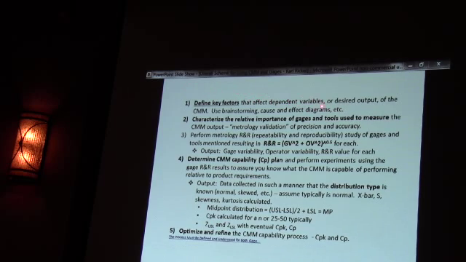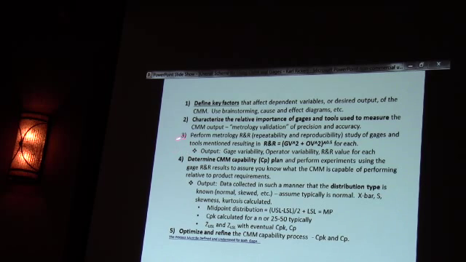You have to understand the key factors there. And then you can use brainstorming, cause-effect analysis, various methods to come up with the independent variables. Then you characterize the relative importance of those to the CMM tool that you want to use for your measurements.